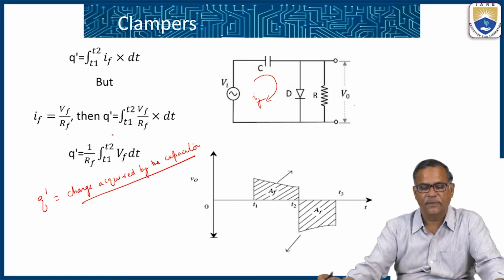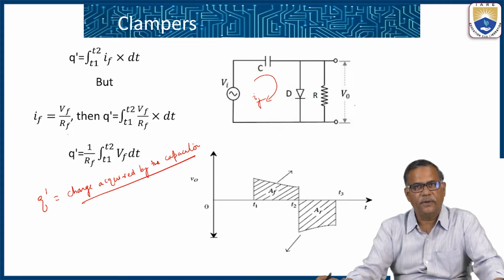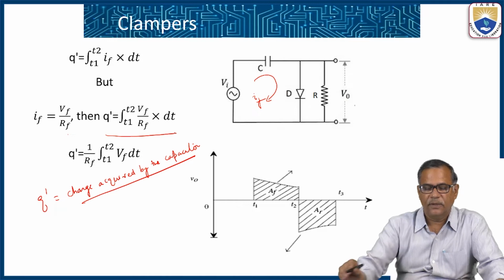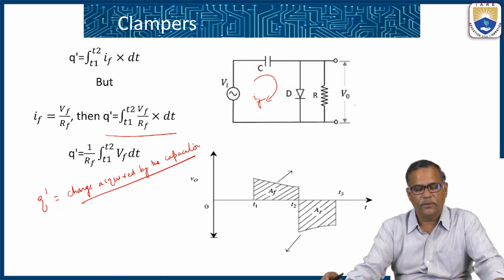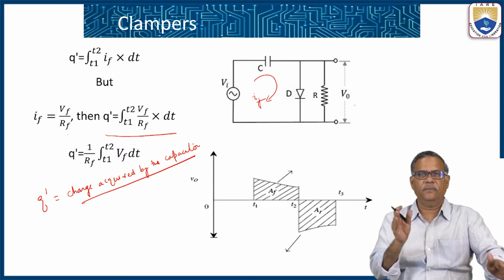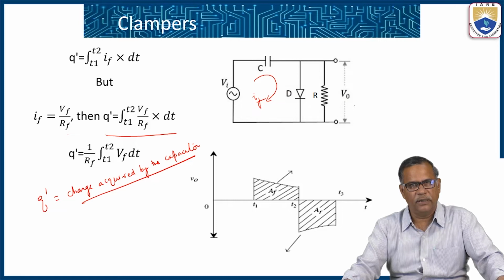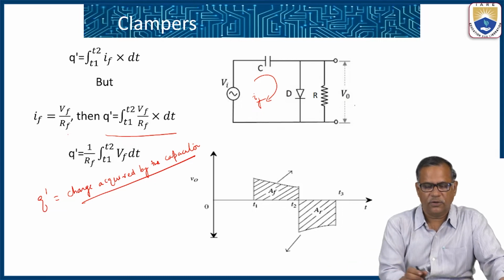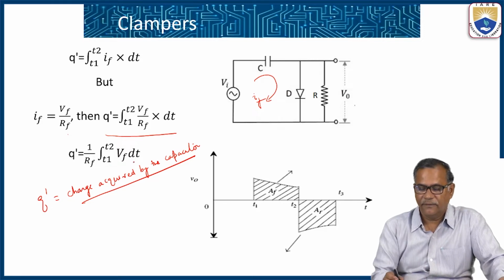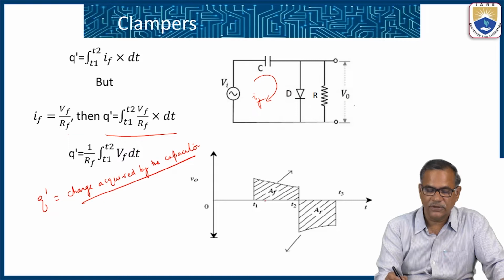So Q dash becomes the integral from T1 to T2 of VF by Rf dt. Rf is a constant, so you can bring it out of the integral. So Q dash is equal to 1 by Rf times the integral from T1 to T2 of VF dt. The integral of VF dt is the area, which is nothing but AF.